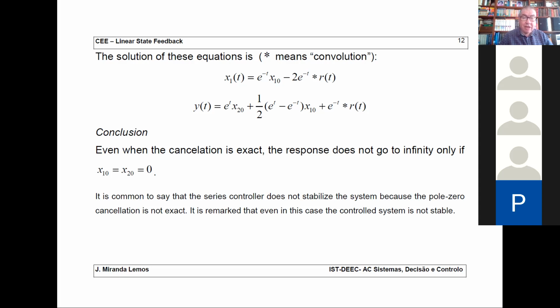Remember that the transfer function is what? Is the quotient of the Laplace transform of the output divided by the Laplace transform of the input with 0 initial conditions. So this means that the transfer function assumes that x2(0) and x1(0) are 0 and says, well, y(t) is just the convolution of the input with the exponential of minus t, which is the impulse response of the stable part. Okay? But then when you have non-zero initial conditions, these two terms appear.